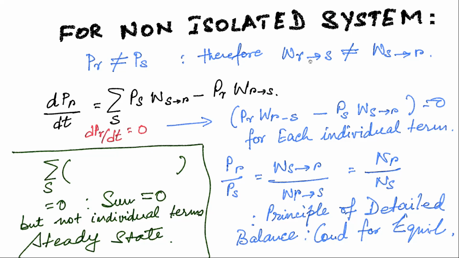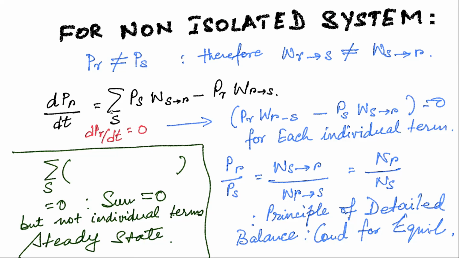As a consequence, in equilibrium, in a canonical system, you will have equilibrium only when, in terms of the master equation, not only dPR/dt equals 0, but again there is no probability current between any particular pair of states.